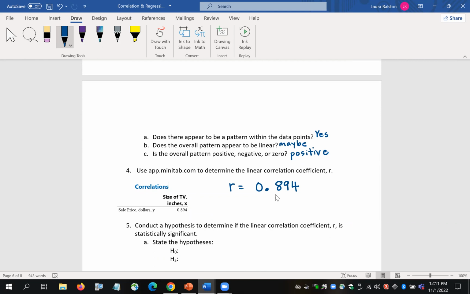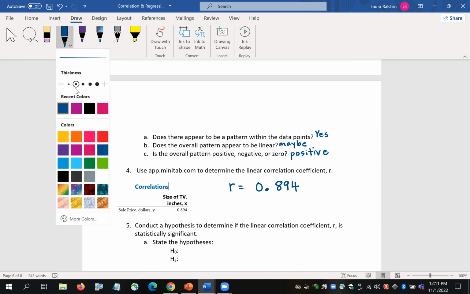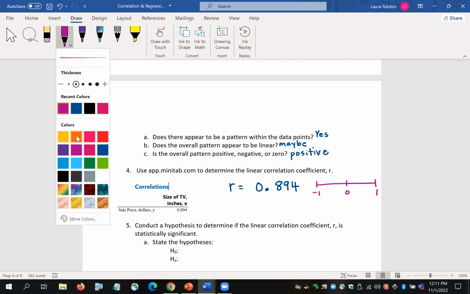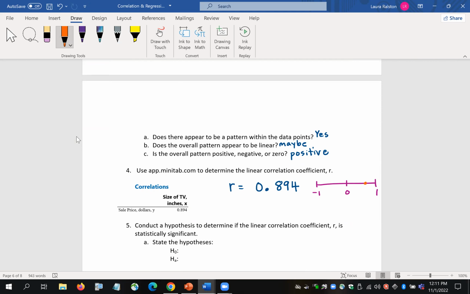Now we're going to run the hypothesis test in a minute. But remember that R value should be between -1 and 1. And honestly, 0.894, if you think about it, is over here reasonably close to 1.